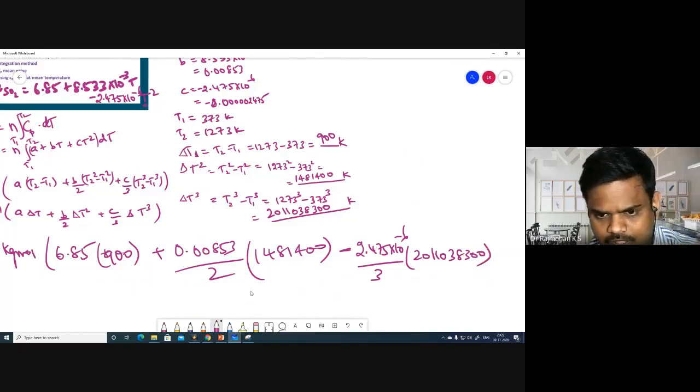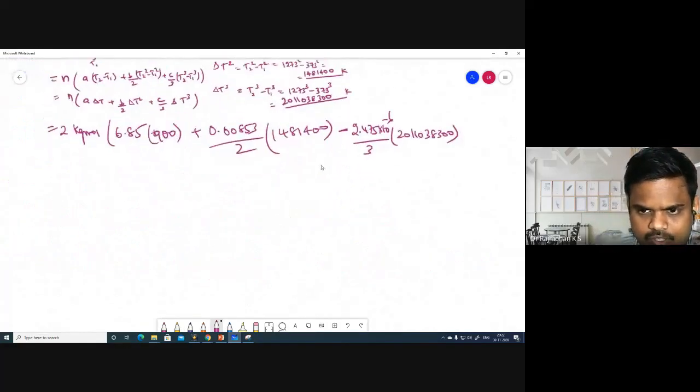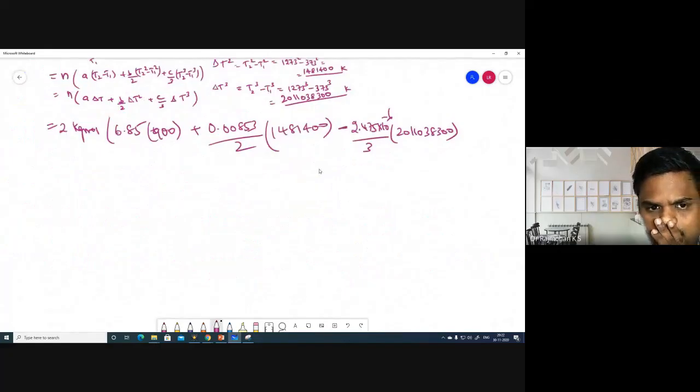If you write step by step, we can verify later. That's why we write like that. But you can also directly substitute the delta T terms and get the answer.